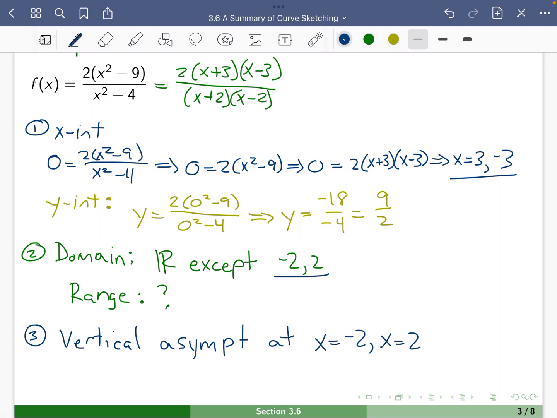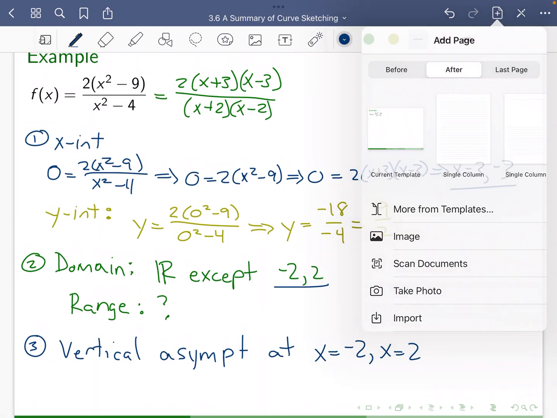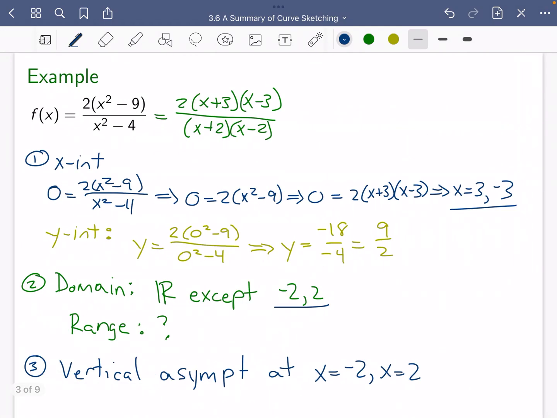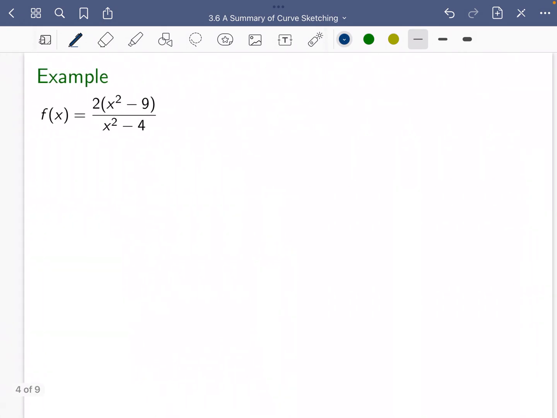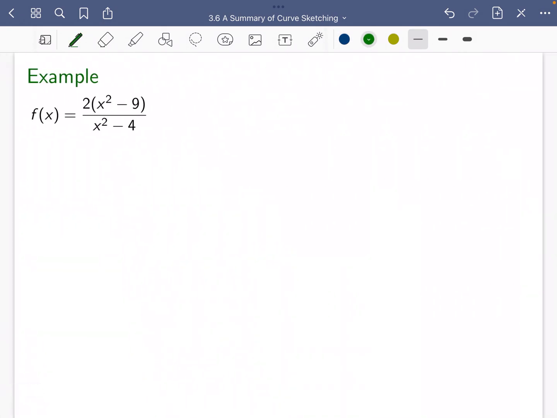So far, we are up through the first 3 steps. So next we want to identify the critical numbers and the intervals over which the function is increasing and decreasing. So to find those critical numbers, we are going to find our derivative. So here we're going to have a quotient rule that happens.